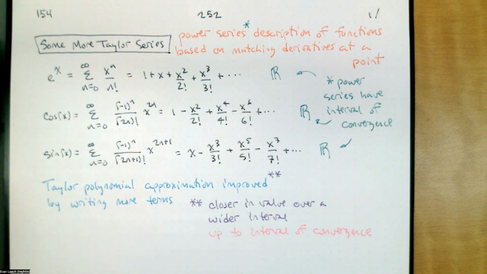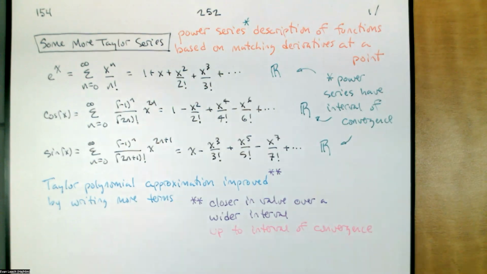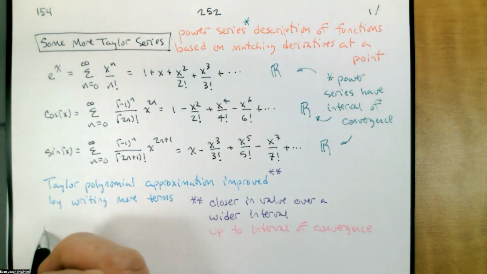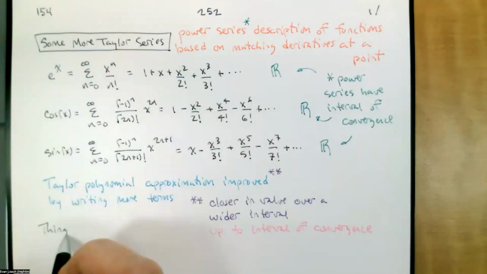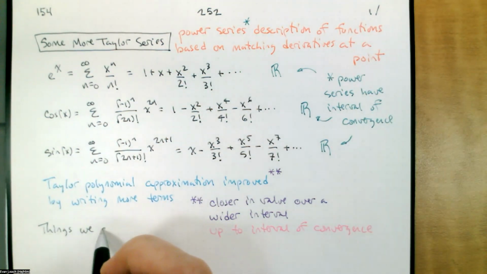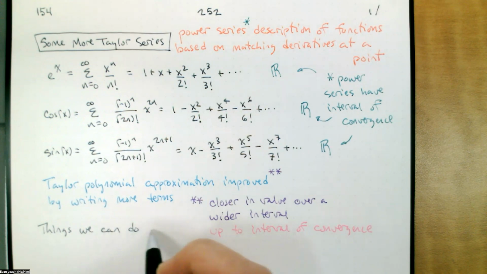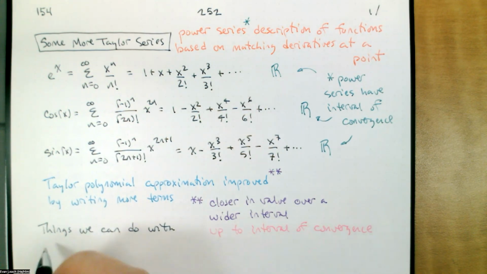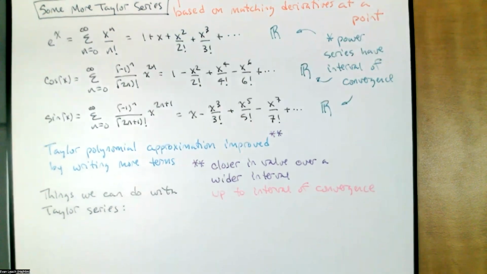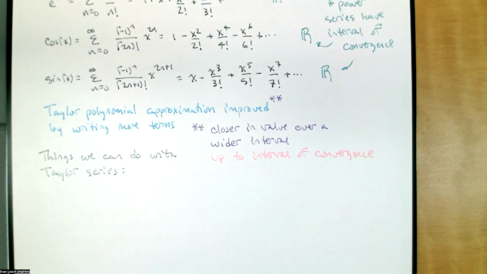We saw some things yesterday that we just kind of guessed that we could do, and it seemed to work out pretty good. So let's review some of the things that we know we can do with Taylor series.